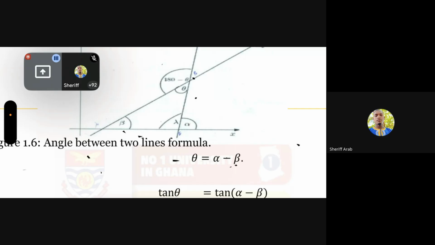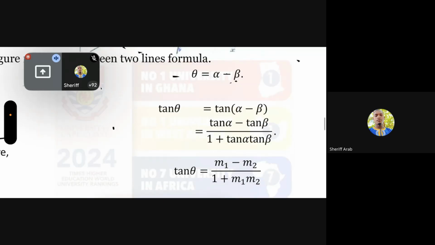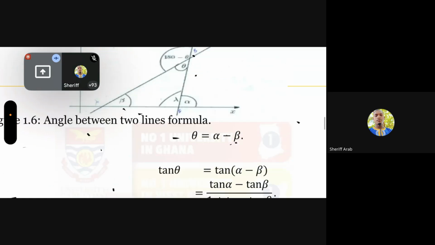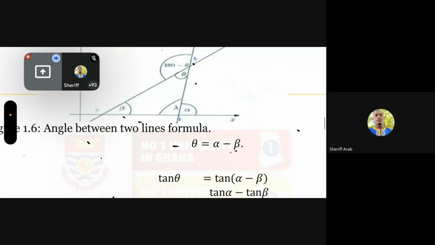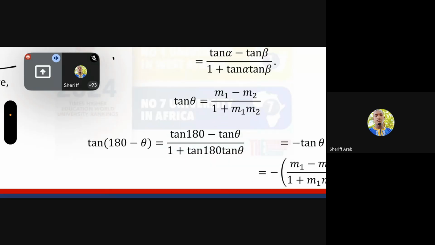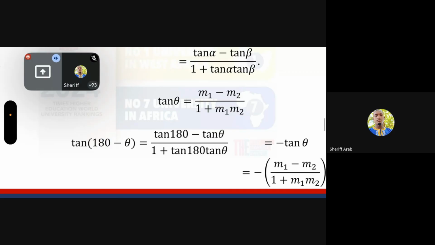But remember I told you that the angles are two. We have theta and then 180 minus theta. So we just proved that tan theta is equal to M1 minus M2 divided by 1 plus M1 M2. So we want to find the other angle. The other angle will be tan (180 minus theta). So tan (180 minus theta) is equal to tan 180 minus tan theta divided by 1 plus tan 180 tan theta.